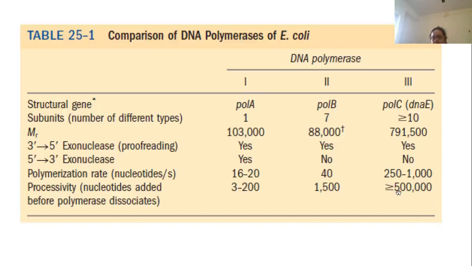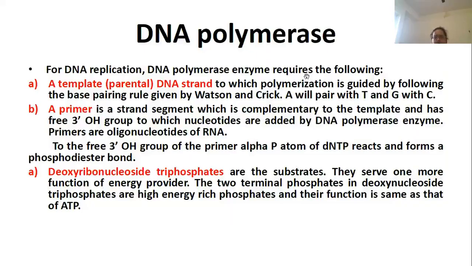So for polymerase 1 enzyme, up to 200 nucleotides will be added in one replication by this pol1 enzyme. By pol2, 1500, and by polymerase 3, it is more than or equal to 5 lakhs nucleotides before the polymerase dissociates.